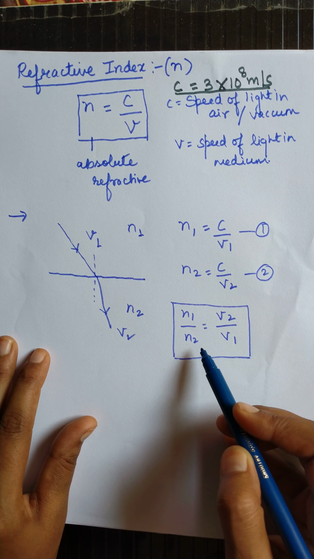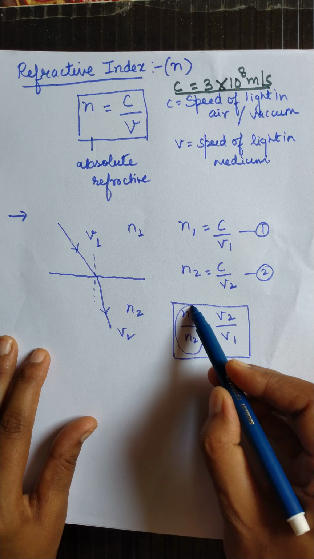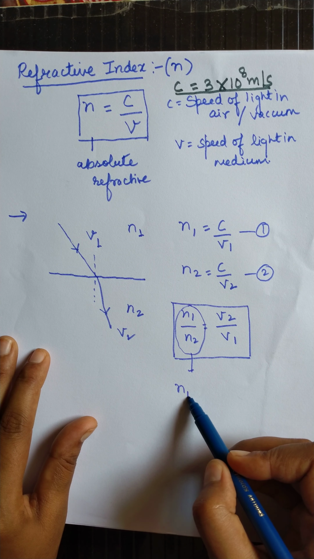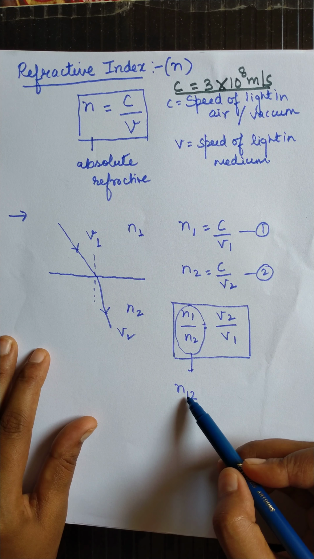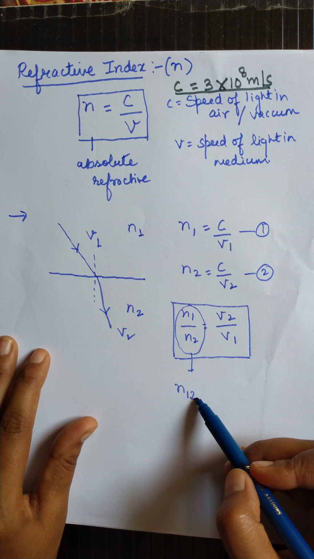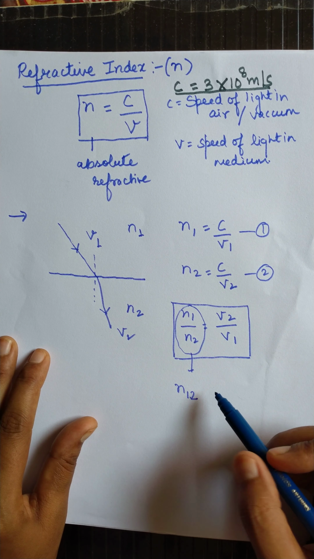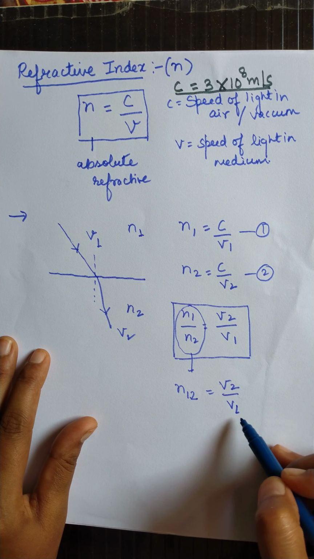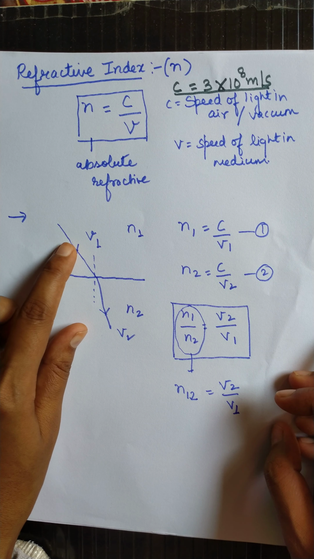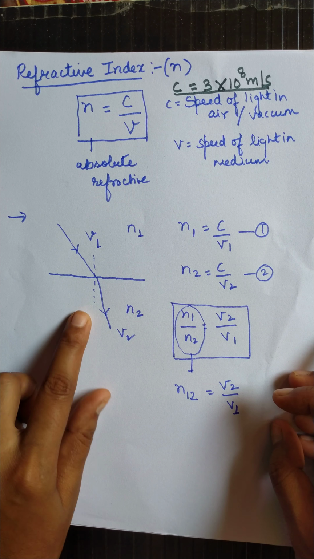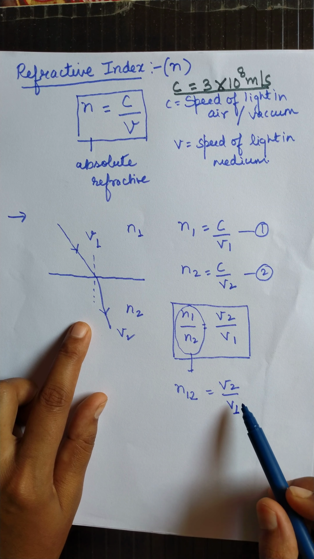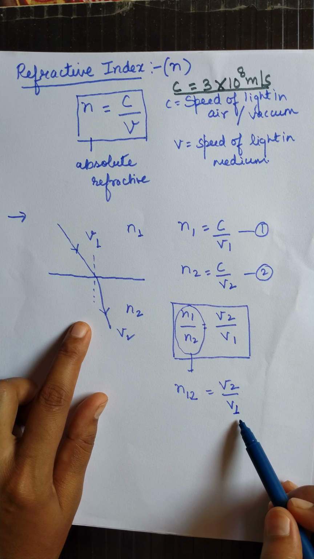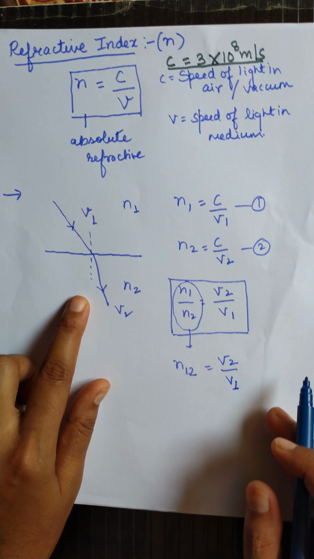We can write n1 upon n2 as n12. That means the refractive index of medium 1 with respect to the second medium is equal to the velocity of light in the second medium to the velocity of light in the first medium.